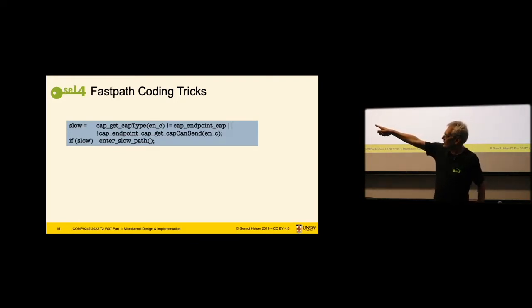One is that we're actually invoking an endpoint cap. If it's not an endpoint cap, then that's not a fast path operation. There are a few others, but mostly they're endpoints. And if the capability on that endpoint doesn't actually have the send right, then obviously we're back in the slow path. That's an exception, etc. These get added together, and then there's just a single conditional jump. If this value is non-zero, then jump away.